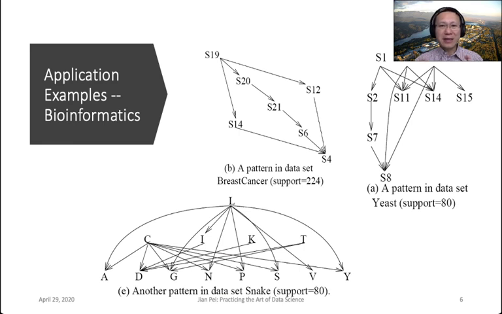In order to publish the paper, we had to come up with some applications, and we used some bioinformatics data sets, such as protein-protein interaction data, to test our algorithms. We showed some mini case studies, and the reviewers said, okay, the paper is accepted. But indeed, those case studies did not really involve domain experts deeply.